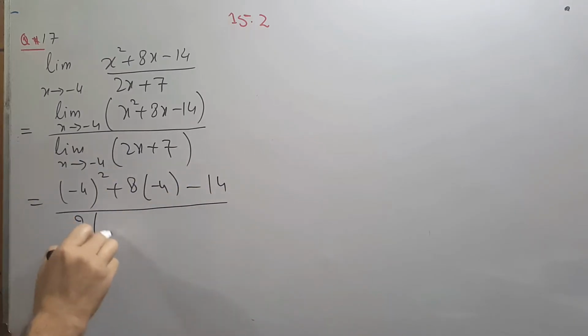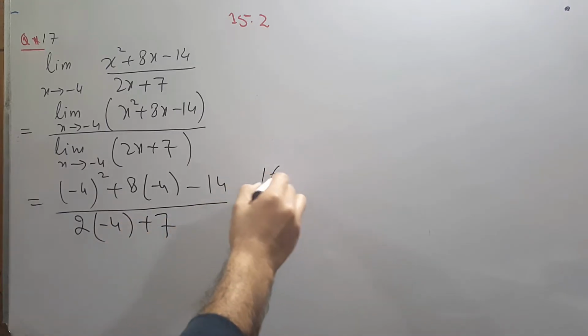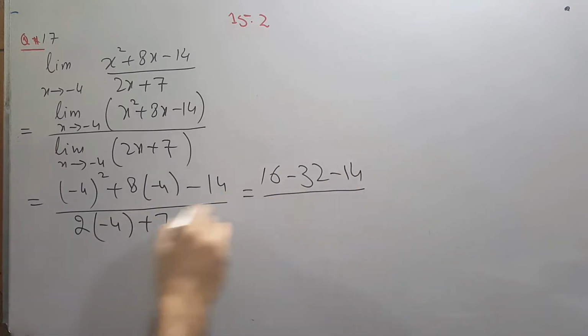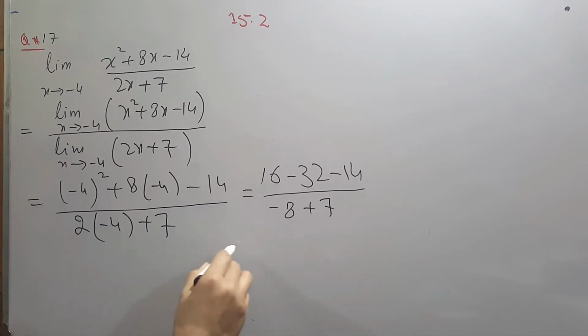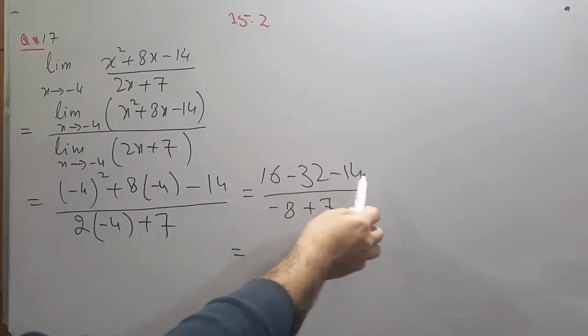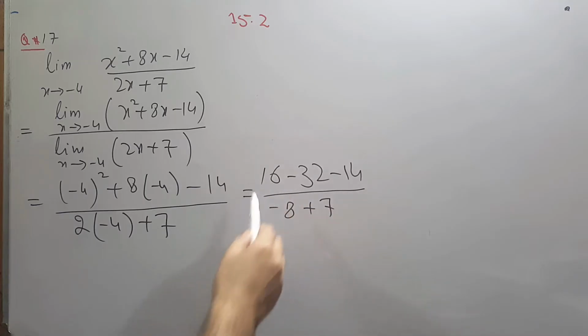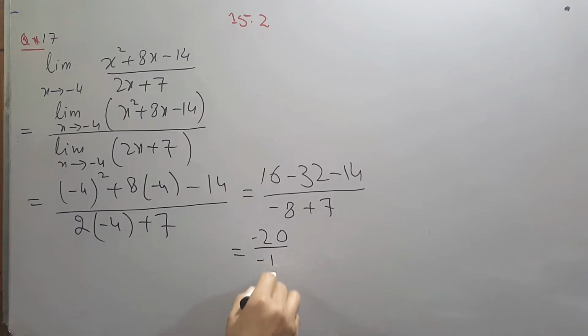And if I apply limit here, that will be minus 4 and 7 as it is. So that is 16, that is minus 32 and minus 14, and that gives us minus 8 plus 7.